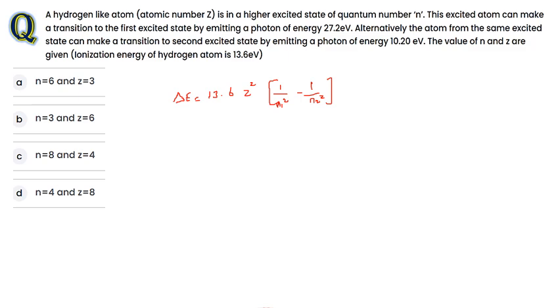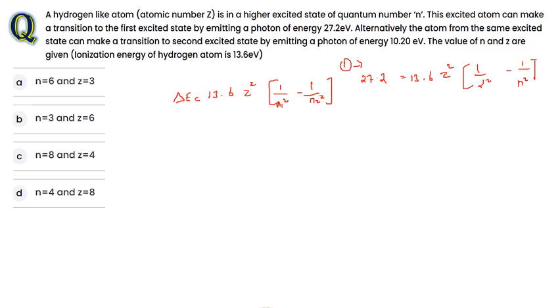For the first one, 27.2 electron volt will be equal to 13.6 into Z square, where the transition is 1 by 2 square minus 1 by n square. This is the first equation.